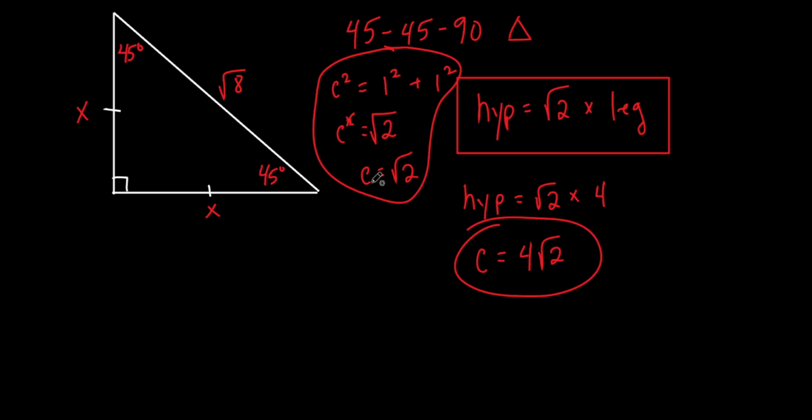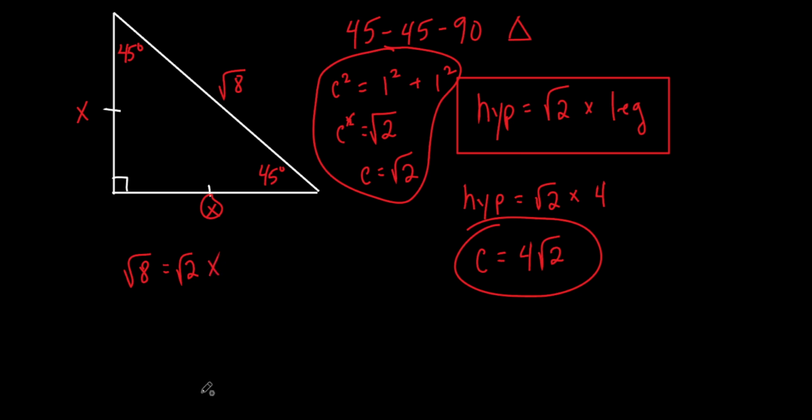Okay? So what would this be equal to? Well, let's go back to our little box right there. It says the hypotenuse is square root of 2 times one of the legs. So let's plug that in. So what is the hypotenuse in this situation? Square root of 8 equals what? Square root of 2 times what? In this situation, it's X, isn't it?